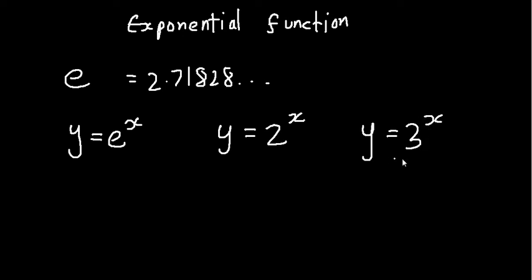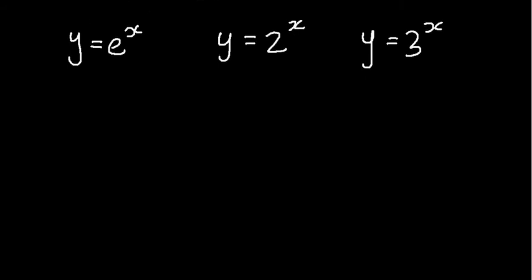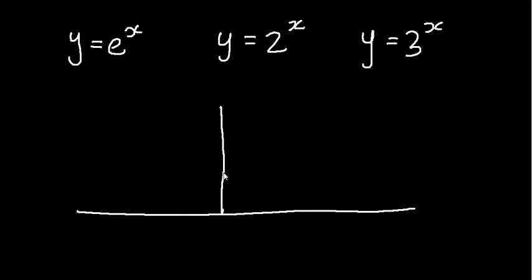You also know how the graph of y is equal to 3 to the power of x looks. So y is equal to 2 to the power of x looks something like this, doesn't it? Why does it look something like that?